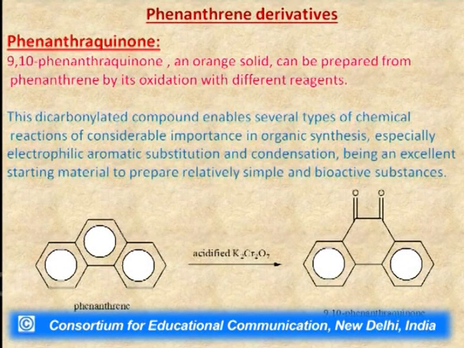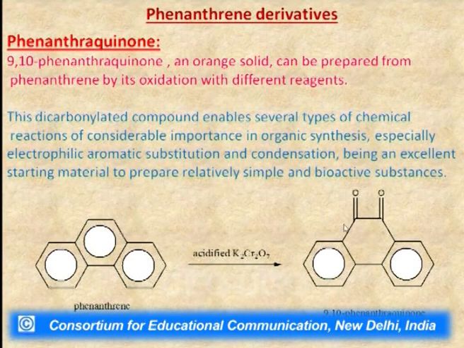Now comes the phenanthrene derivatives. Phenanthrene derivatives can be phenanthraquinone, which is its oxidized product. It is an orange solid. Here we can get this phenanthraquinone on oxidation with acidified dichromate.